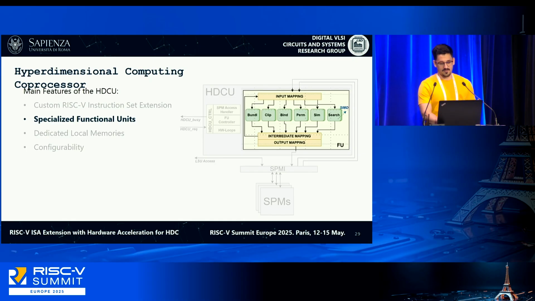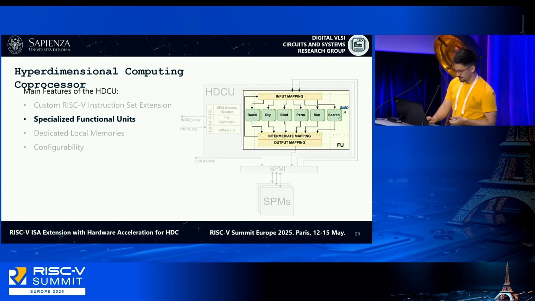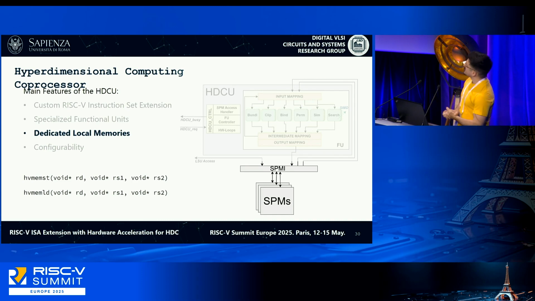And this is a key advantage because it allows the system to handle hypervectors of arbitrary size without stalling the pipeline or overloading the main processor. To avoid bottlenecks, all hyperdimensional computing operations are executed directly on local memory, which we call scratchpad memories, without continuous transfer to and from the main memory of the core.